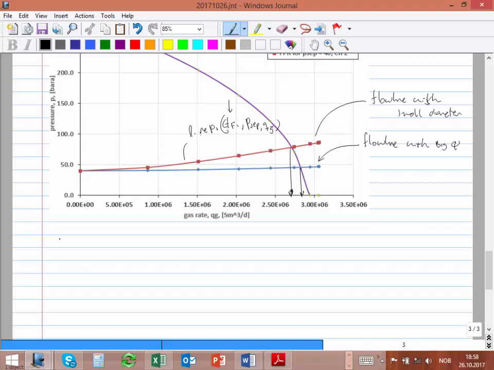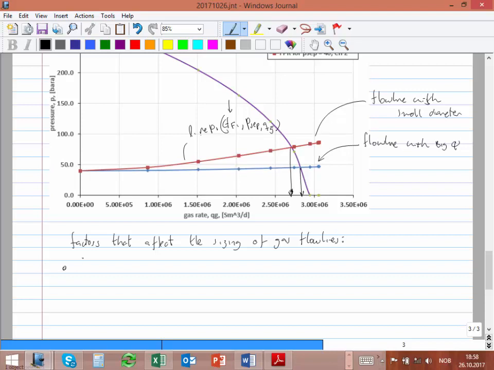There are also some other reasons: how to size gas flow lines, or factors that affect the sizing of gas flow lines.